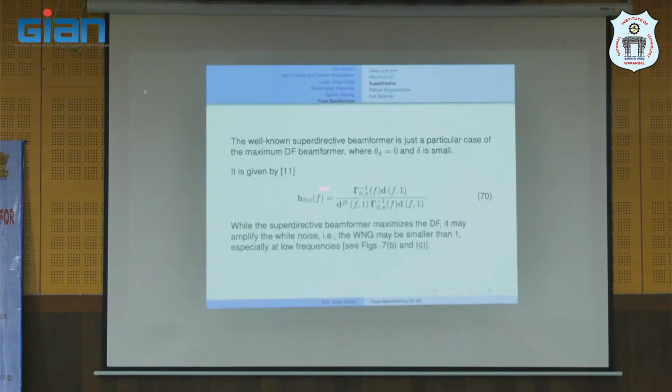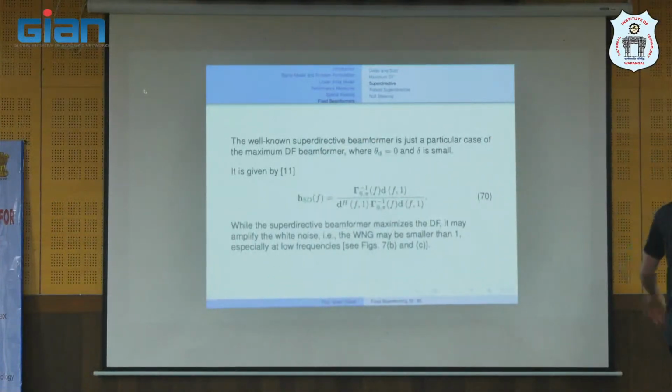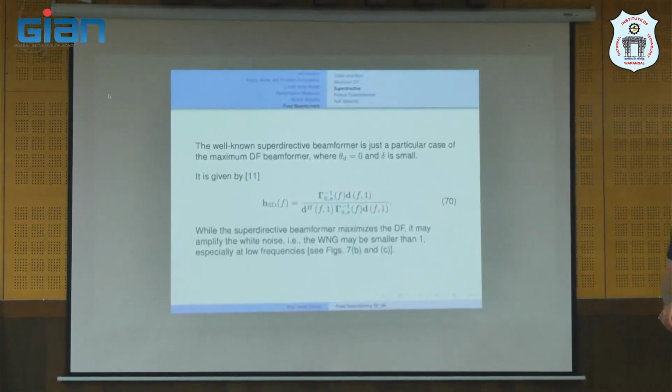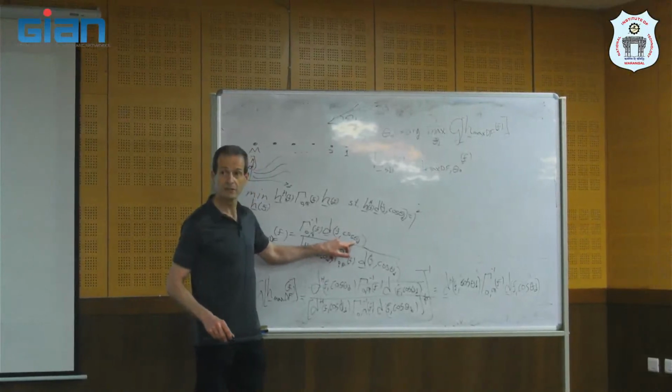So this is the expression of the beamformer, just like the maximum directivity beamformer. But here, because we use a uniform linear array, you see that theta d is 0, and then that's why we say here 1, since cosine 0 is 1. So this is a particular case of the maximum directivity beamformer, obtained by setting theta d to 0.